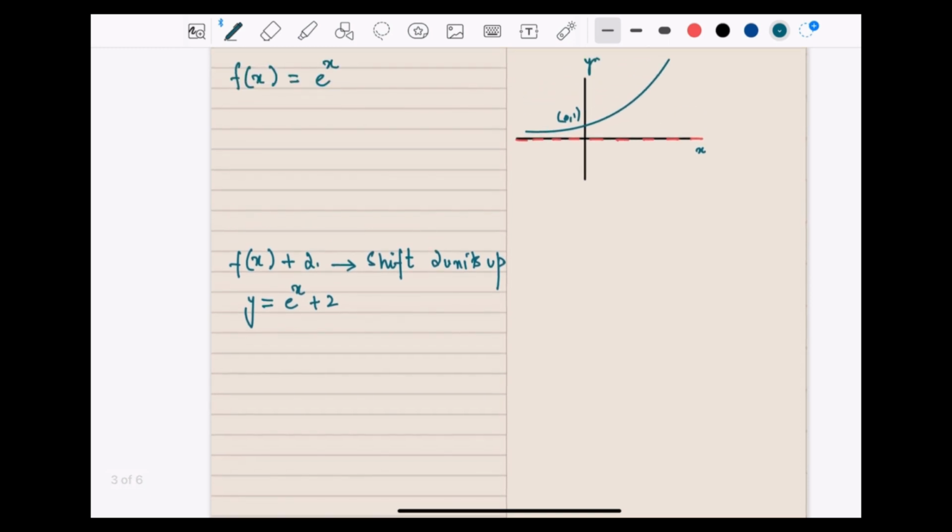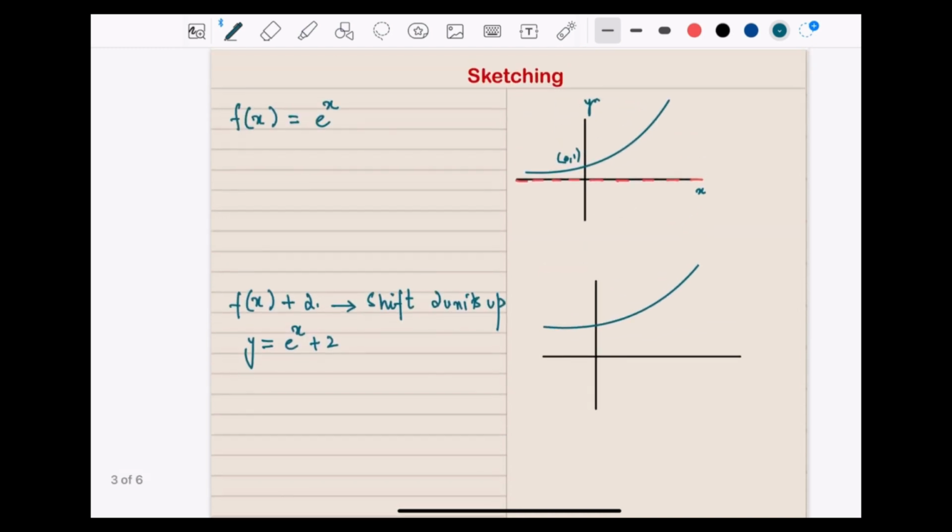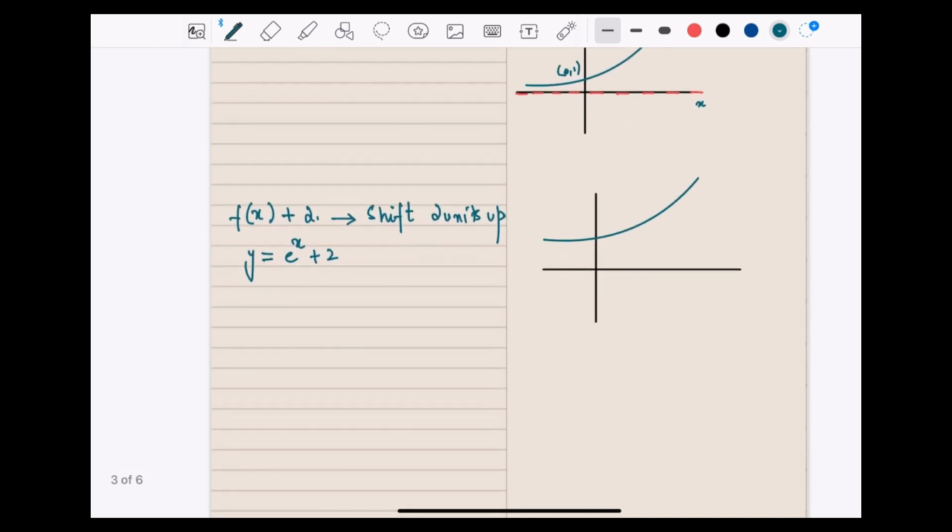So all you have to do is draw the same function, but since this function shifts 2 units up, it will now intersect at 0, 3.